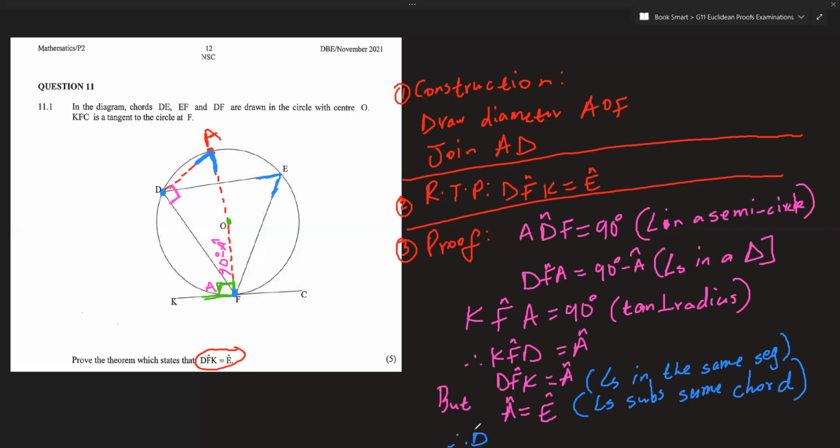Therefore, DFK must be equal to angle E. Your reason will be they are both equal to angle A. You see? And then you should be done with this question. You have proven what they want you to prove, you see? And this is the chord theorem.